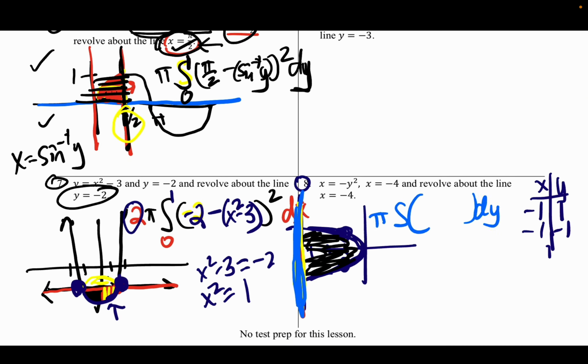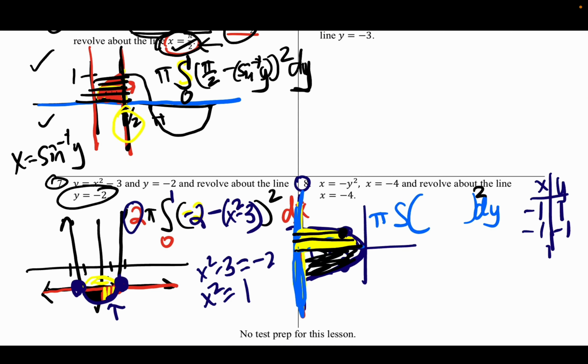I'm going to use symmetry. I'm going to do this part and double it. So I am going from here, you're going to be going right minus left, and squaring it.